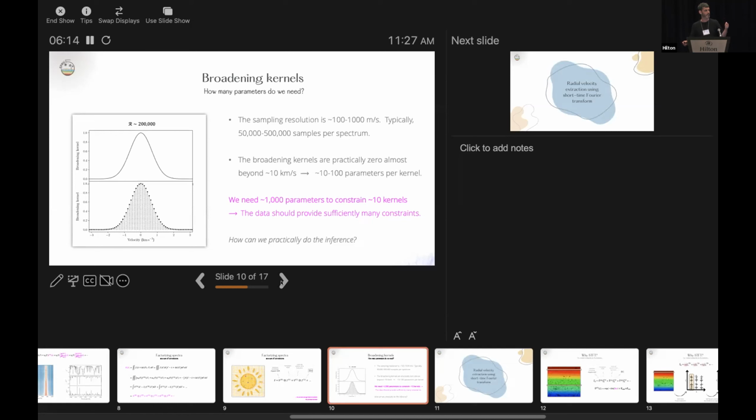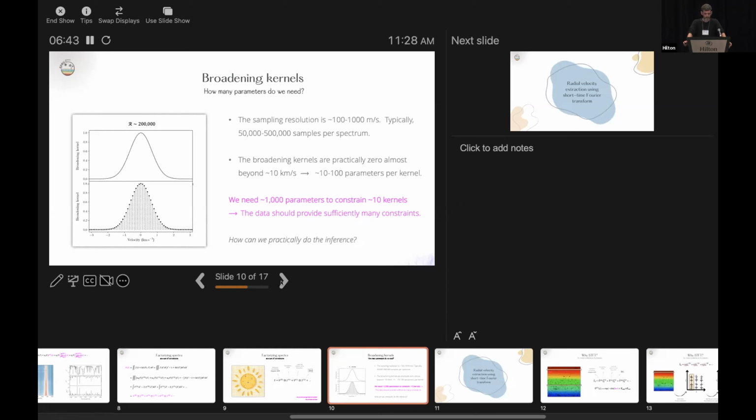Now, how many numbers do we actually need to derive to fit it? Each broadening kernel has this nice property: it drops to zero very fast. It cannot be non-zero everywhere. You cannot mix contributions from very distant places of the star. It would only be on the order of 10 kilometers per second, or maybe less in some cases.